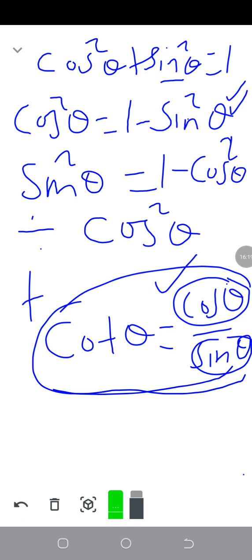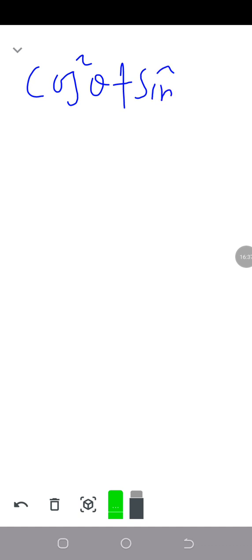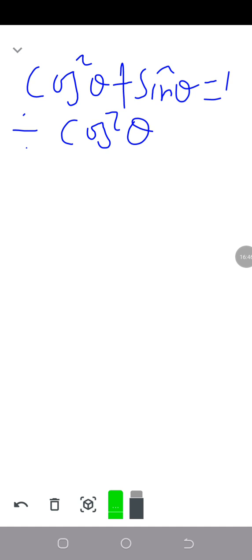Let's go back and derive the formulas. So we want to derive the formula from our mother identity, or the first identity, cos squared theta plus sine squared theta, which is equal to 1. And I said we want to divide by cos squared theta.